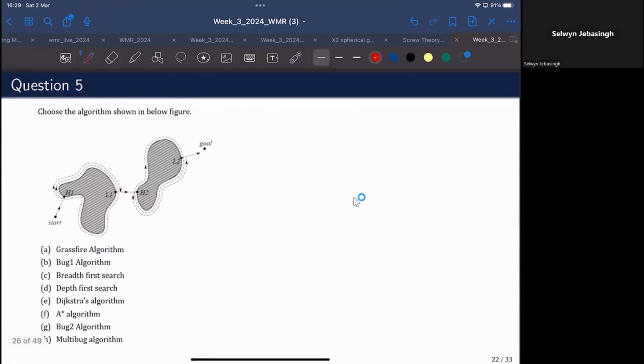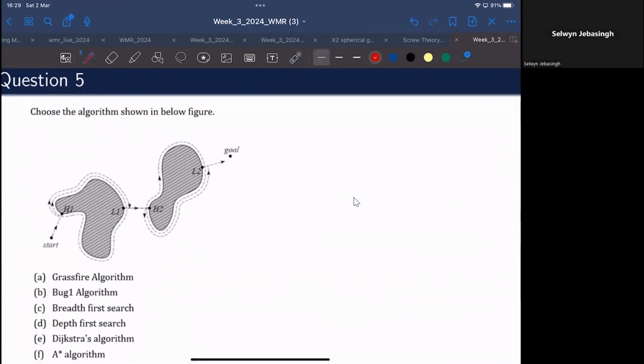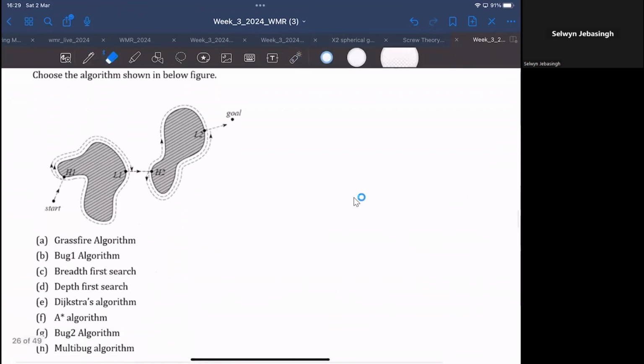Okay, moving on to question 5. It asks us to select the correct algorithm based on the figure depicted here. This is essentially an obstacle avoidance algorithm. As you can see, the robot starts from a start position and encounters an obstacle, and there are at least two loops in some parts.